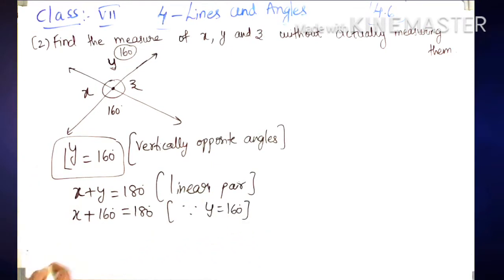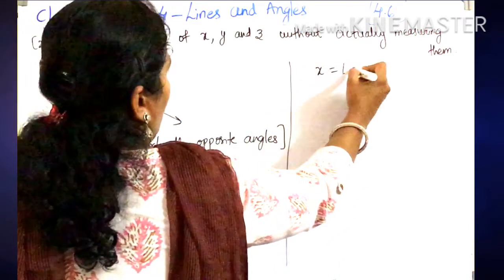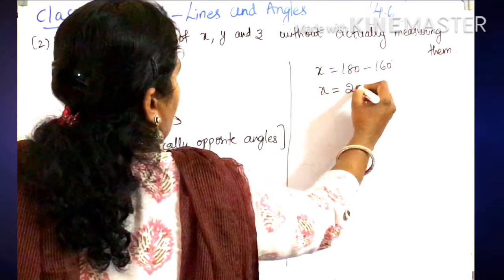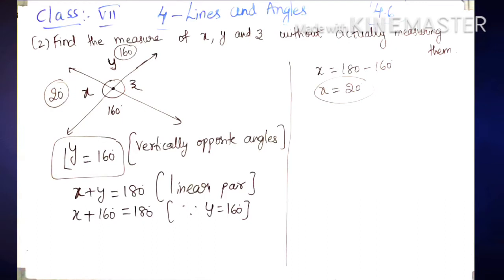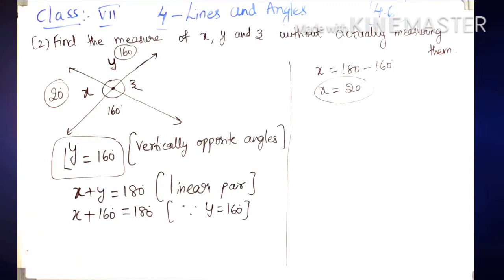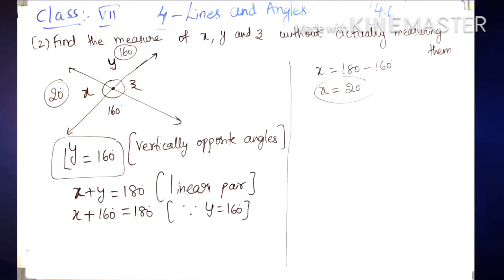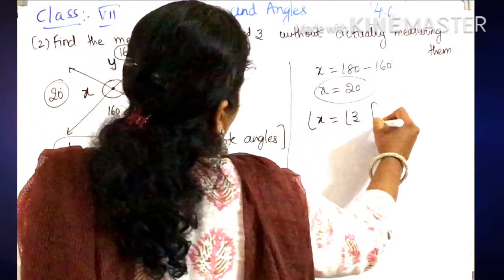Now what is x? x is nothing but 180 minus 160. That is, x is nothing but 20. So you got x as 20 degrees. If x is 20, then what is the value of z? z is also 20, because x and z are vertically opposite angles, and always vertically opposite angles are equal.